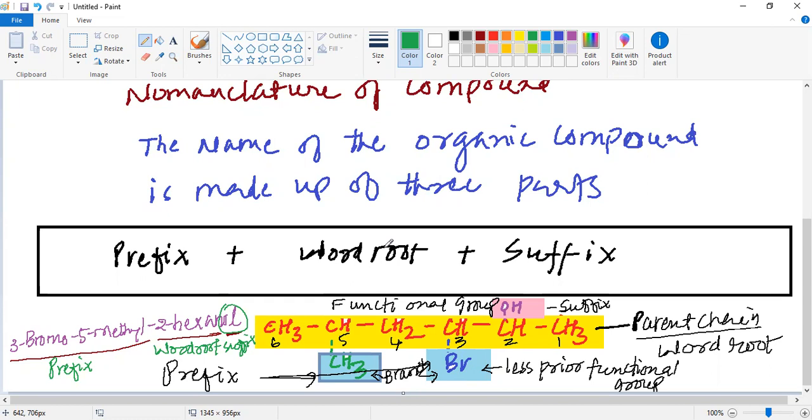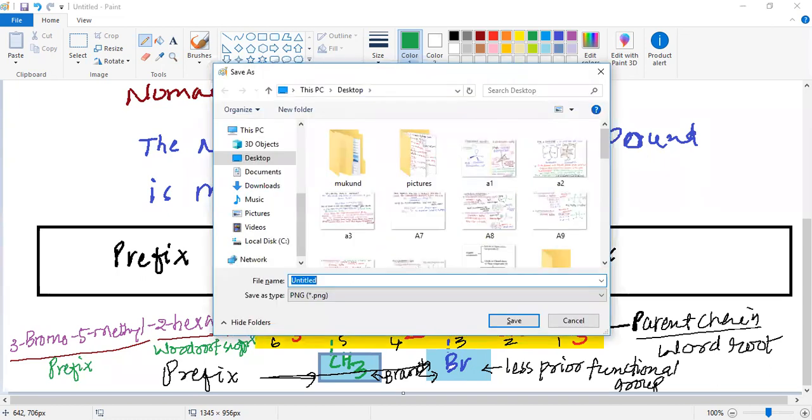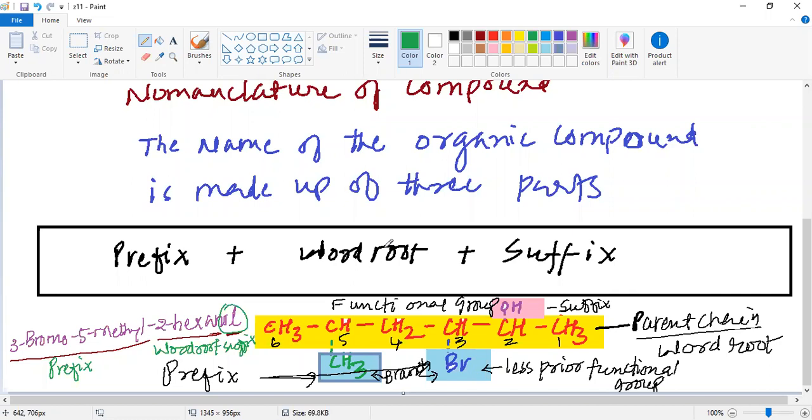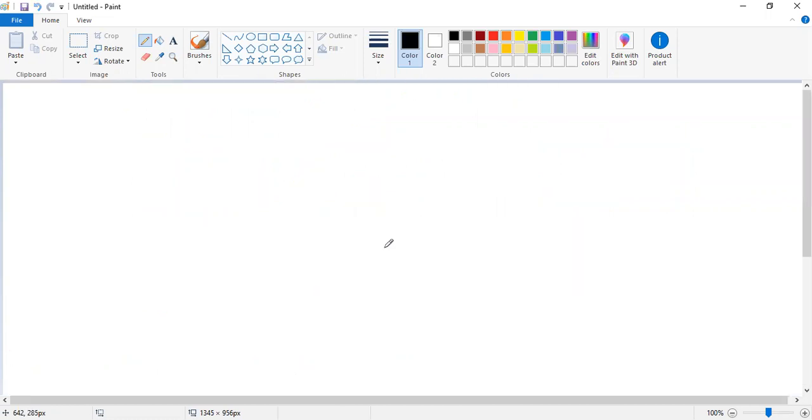Let us understand the various rules to write the names of the various organic compounds. So let's move forward and understand the names of some of the organic compounds.